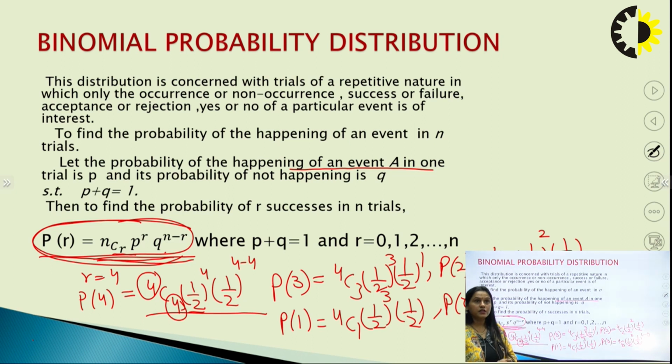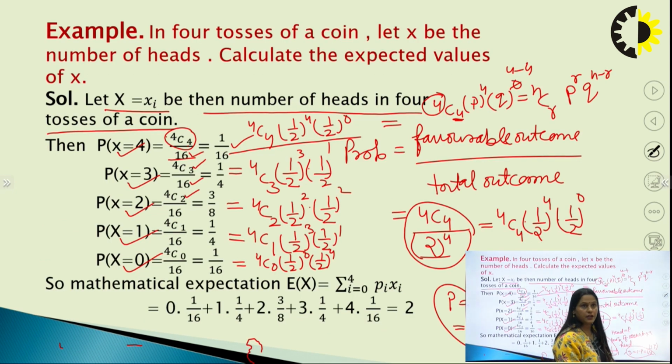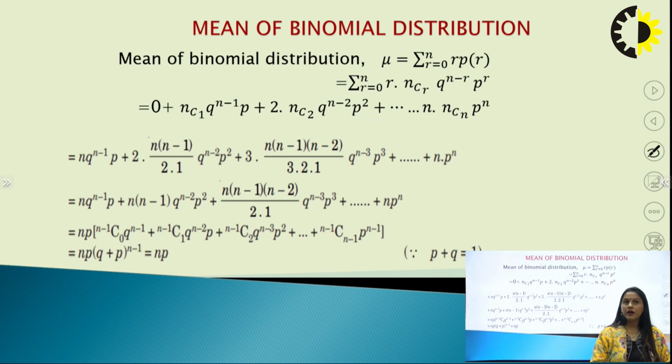Now the question arises, if there is a binomial distribution, then there must be its mean and standard deviation. Let's try to understand its mean and standard deviation.